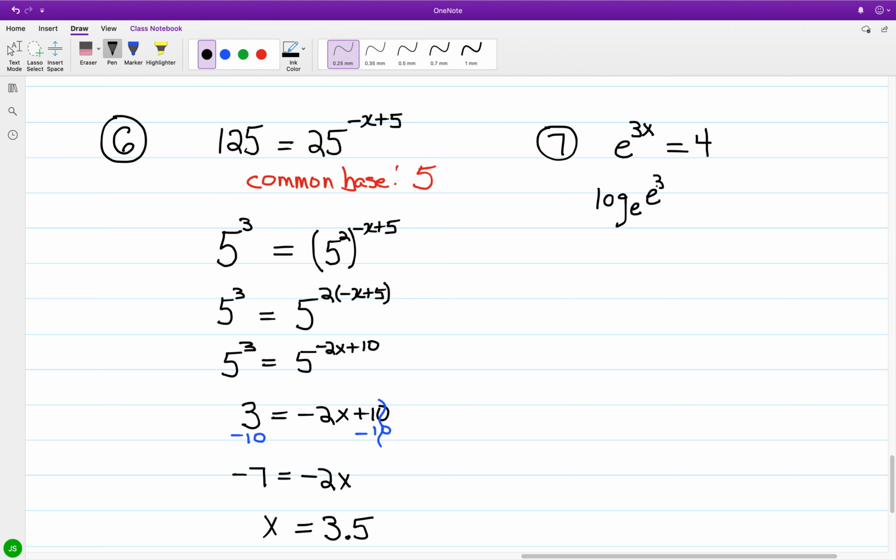So you have a base e logarithm of e to the 3x is equal to the base e logarithm of 4. Base e logarithm of e to the 3x goes to 3x. And we have 3x is equal to the base e logarithm of 4. And again, base e logarithm of 4 is the natural logarithm of 4.